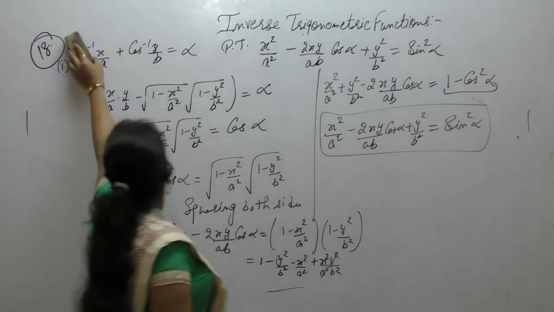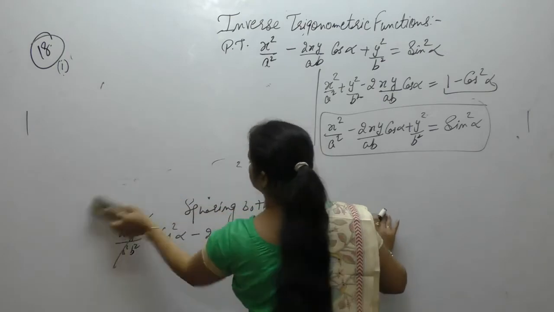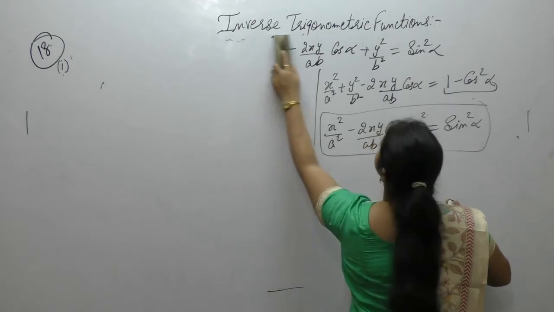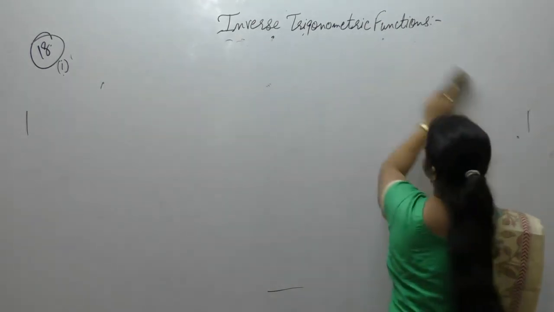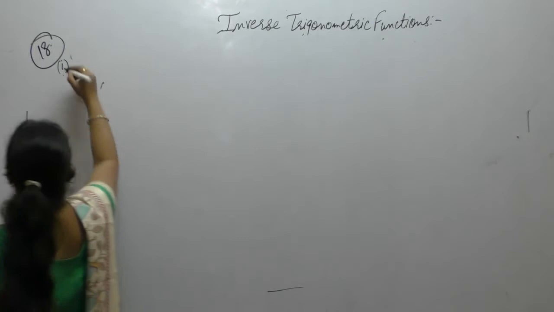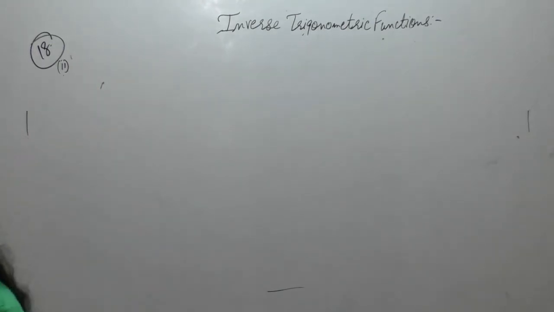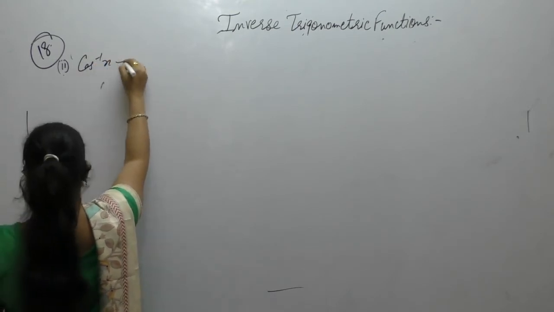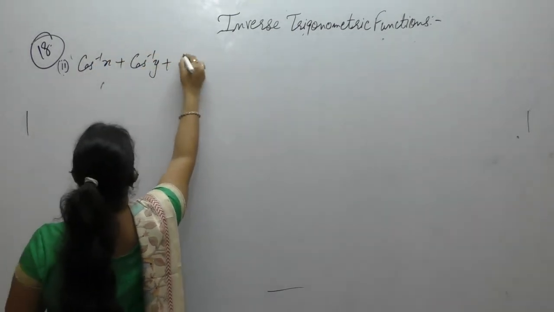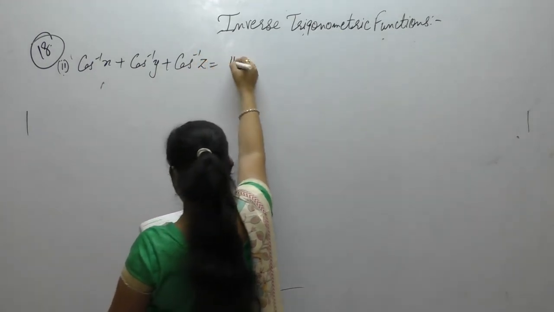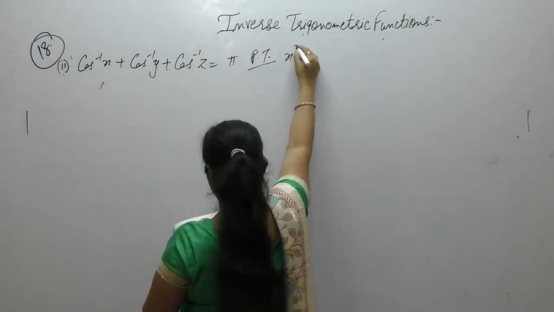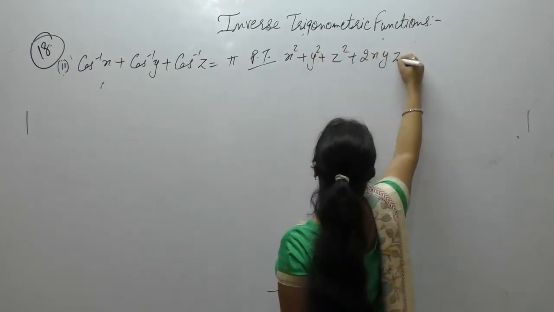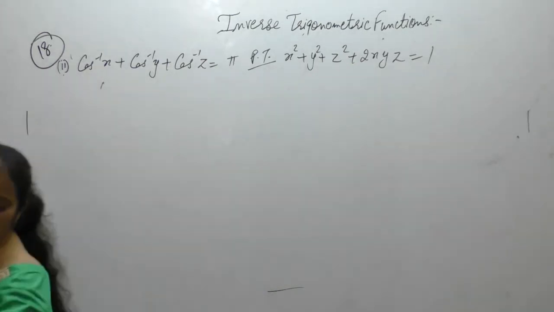Now second part. If cos inverse x plus cos inverse y plus cos inverse z is equal to pi, prove that x square plus y square plus z square plus 2xyz is equal to 1.